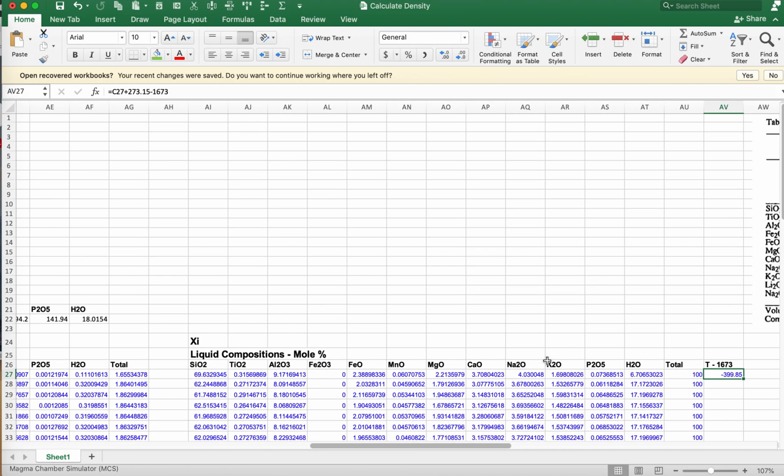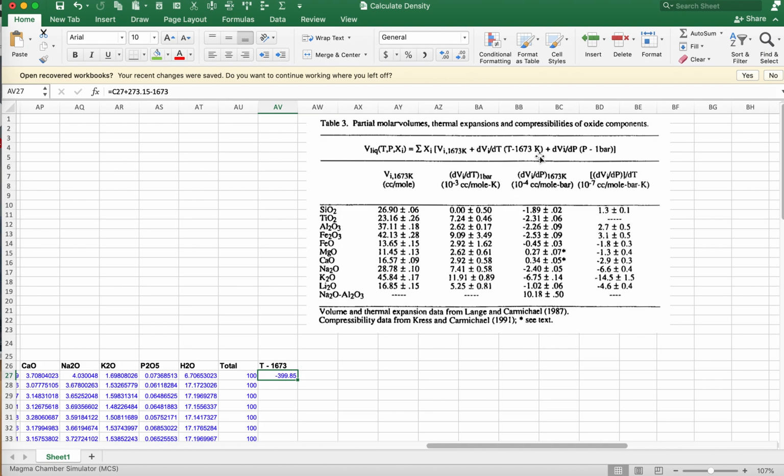So we have the difference in temperature relative to 1673. We're assuming that the system is at 1,000 degrees centigrade or 1273 kelvins, and it's about 400 degrees below the reference temperature of 1673. So that's that difference that we'll be using.